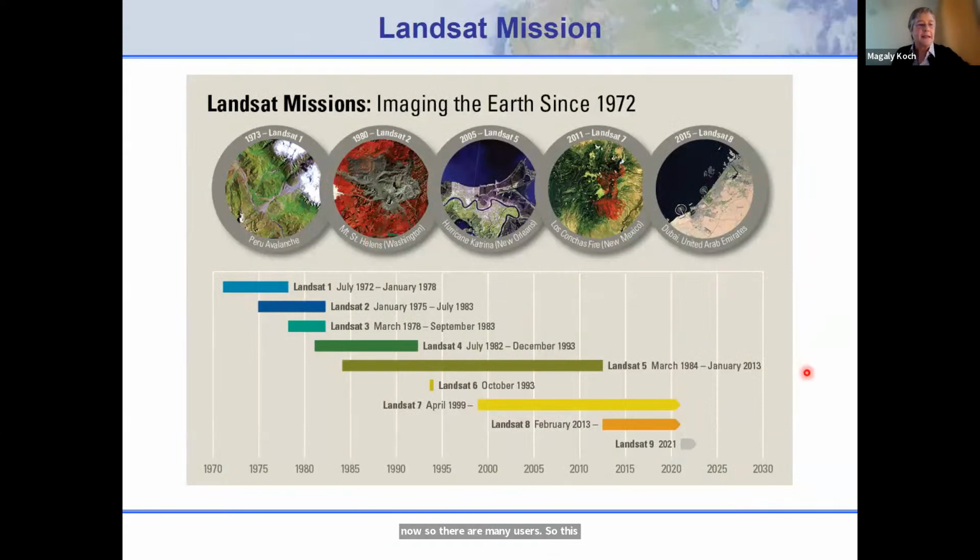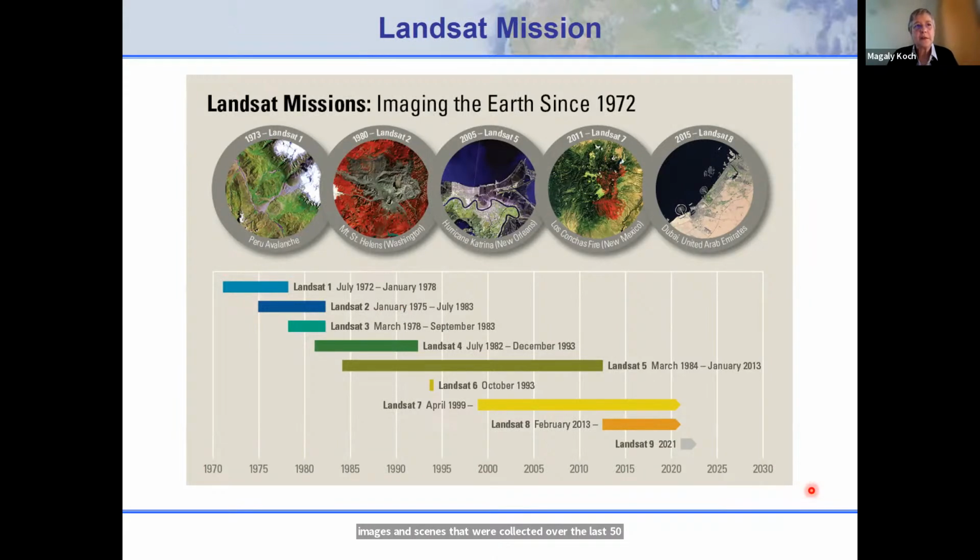Again, Landsat is such an important mission because it started in the 70s, and there's a continuity here, right? So it's a huge collection of imagery. And now there's an important effort going on, you can imagine the amount of images and scenes that were collected over the last 50 years.